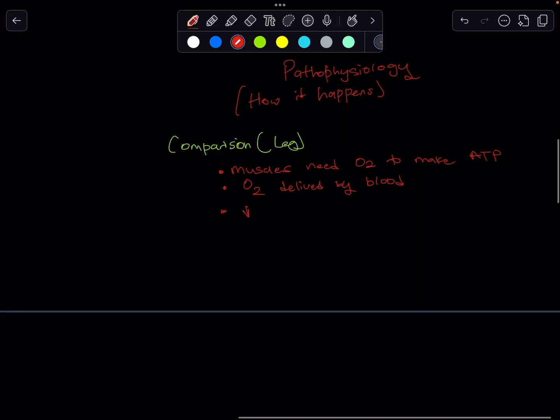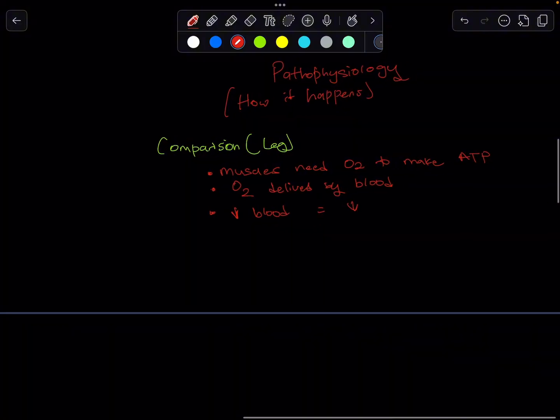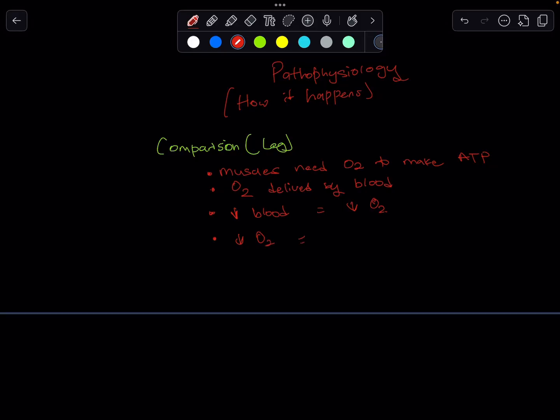So we know a decrease in blood equals a decrease in oxygen. And a decrease in oxygen means lactic acid buildup from anaerobic respiration.